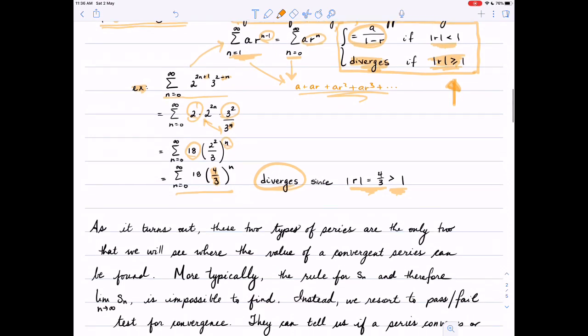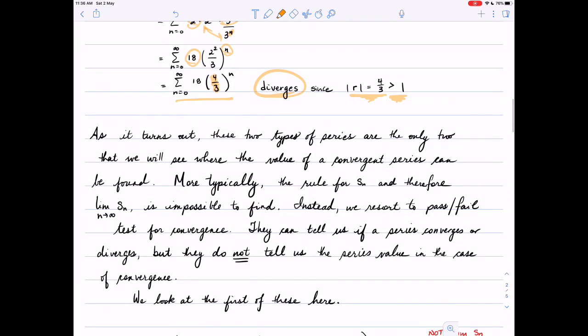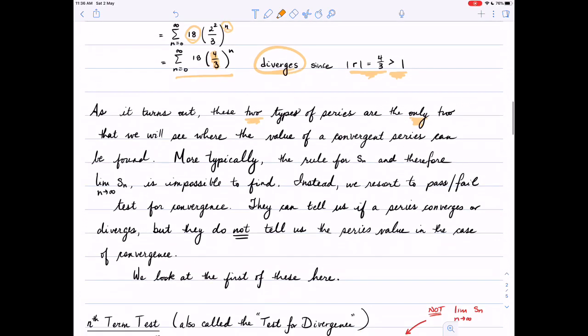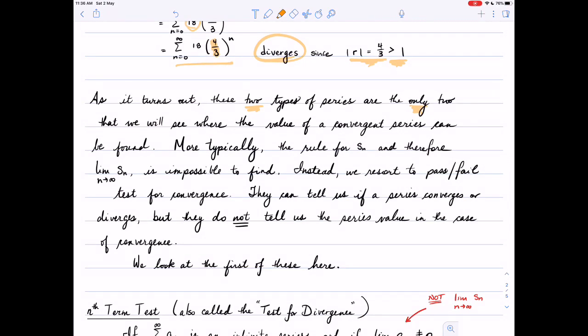Now, as it turns out, these two types of series, the geometric and the telescoping, are the only two that we are going to see, and likely the most famous two, and perhaps the only two at all, where the value of a convergent series can be found. Right?